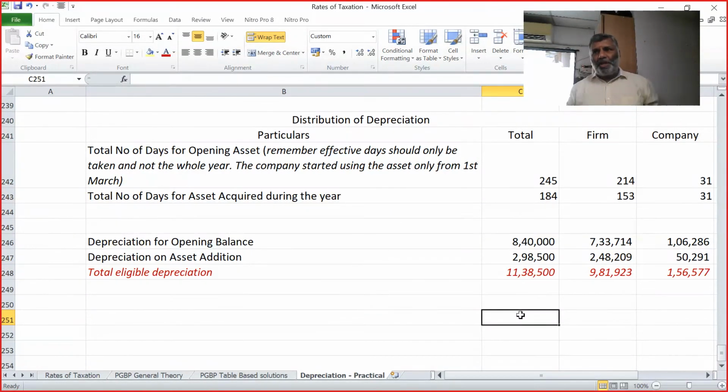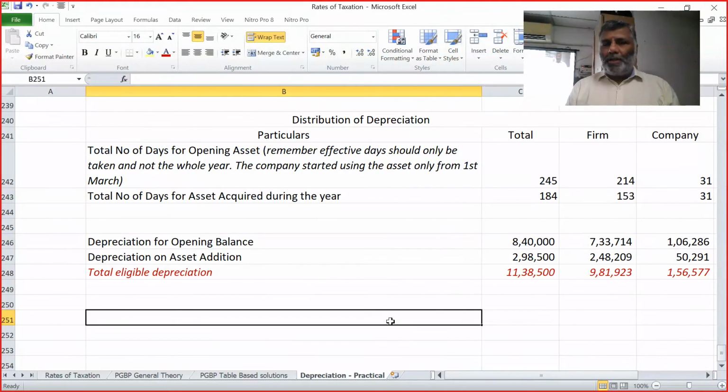Unabsorbed depreciation, why the law interprets unabsorbed depreciation so, why it can be carried forward for an indefinite period, etc., because it is mentioned in chapter 4. And proportionate depreciation, the most important thing to understand is effective usage period. Look for effective usage period and distribute the depreciation. So these are all the depreciations you have so far seen.